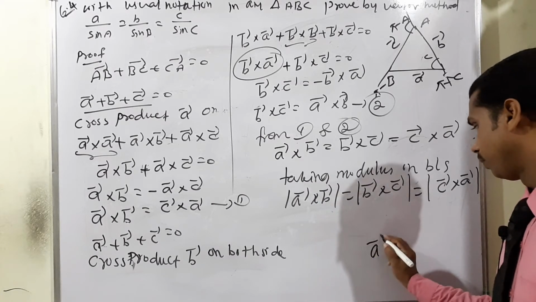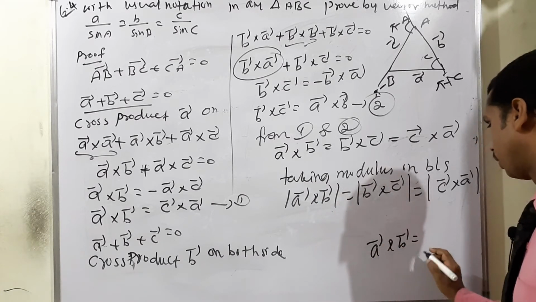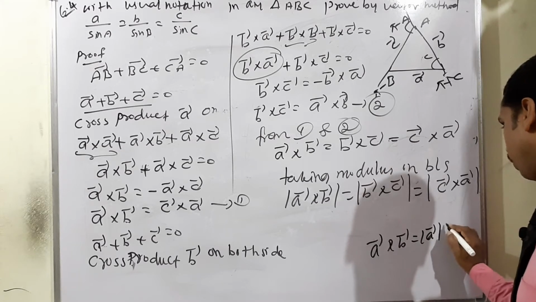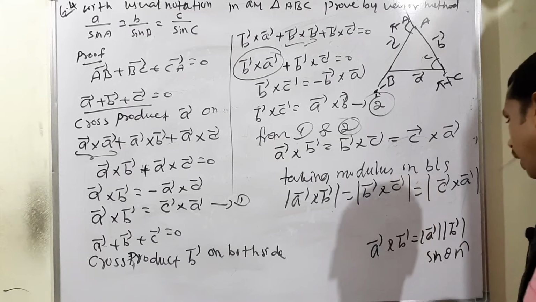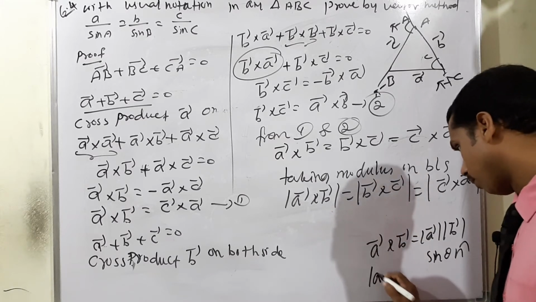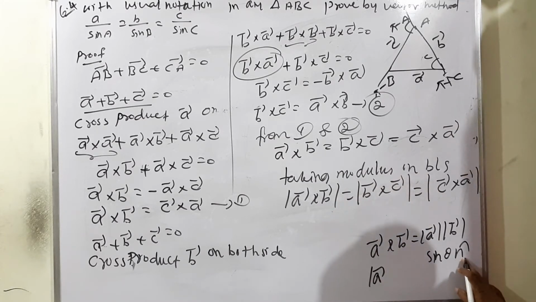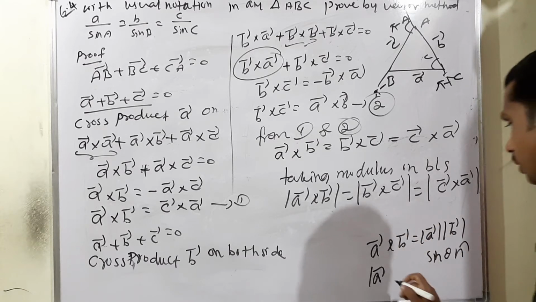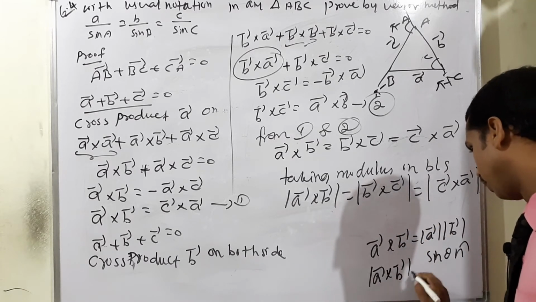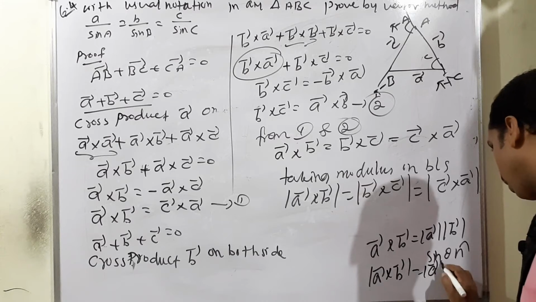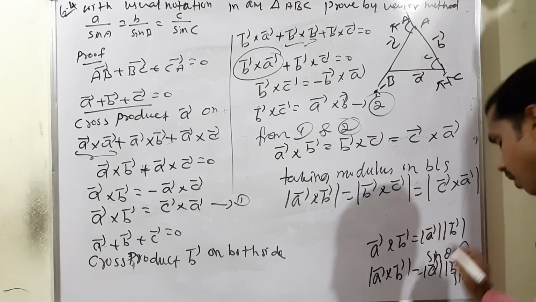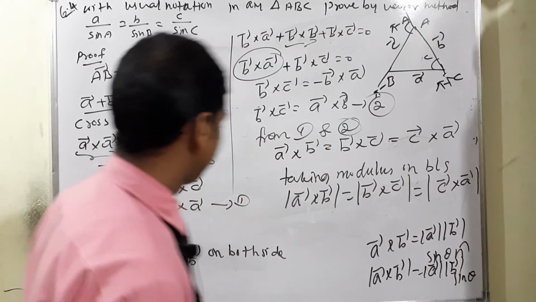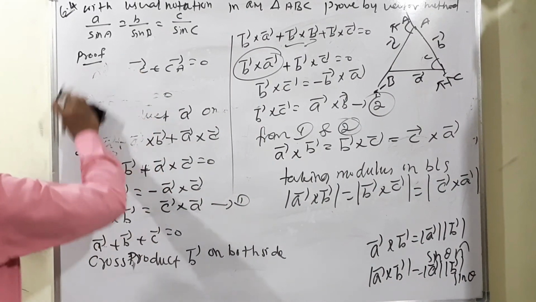What is the formula? a vector cross b vector is equal to modulus of a vector into modulus of b vector into sin theta n cap. Taking modulus on the opposite side, n cap will be cancelled, because n cap is a unit vector. So modulus of a vector cross b vector is equal to modulus of a vector into modulus of b vector into sin theta. So, what will happen?